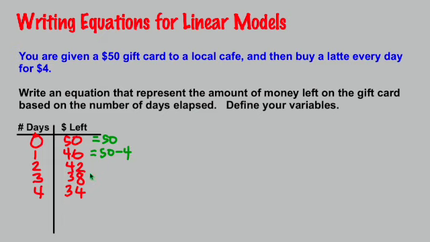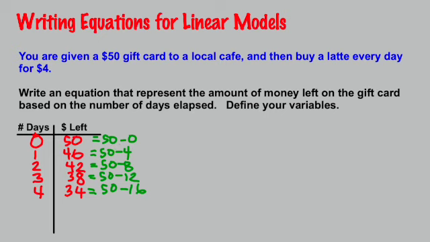On 42, if we were to start with the original $50, what we've done here is we've actually subtracted 8. And on the next one, we've subtracted $12 from that original 50. And on the last one here, it was $16 off that original 50. So what you can notice here is in this calculation so far, we always start with $50.